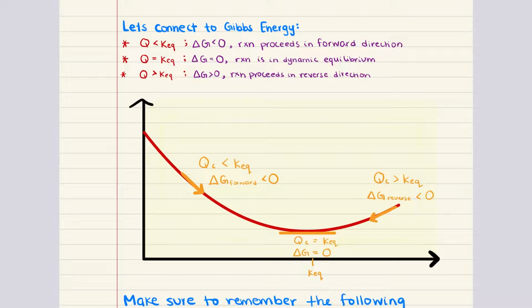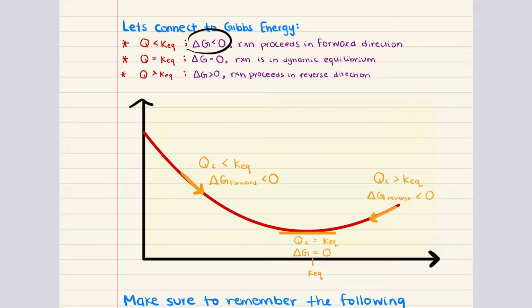Now, when Q is less than K, what does that mean for our Gibbs free energy? This means that the change in Gibbs free energy is negative, indicating that the forward reaction is spontaneous. The reaction will proceed in the forward direction to convert reactants into products until equilibrium is reached.